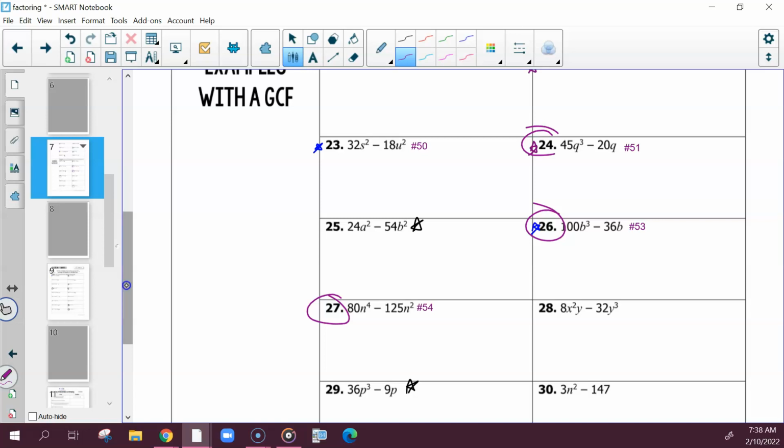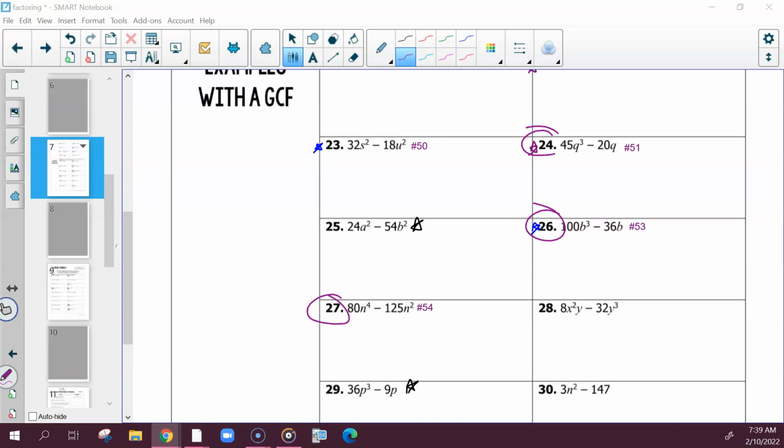Is 45, is 20 a perfect square? Because it's in this section, the answer to that would be no.